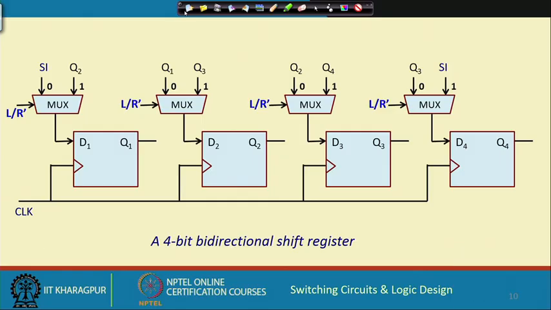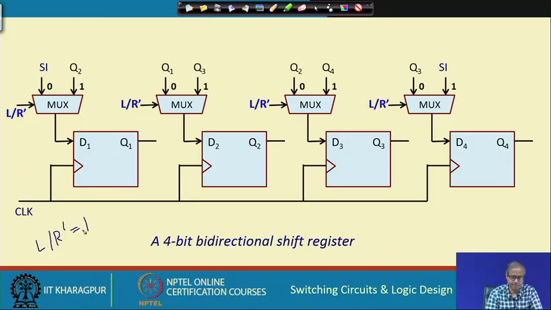But if you want to do left shift, then my LR bar would be 1. Now, if my LR bar is 1, let us see what will happen. Now, it will start from the right side. So, my SI will be coming here, because my data will now be fed to the rightmost. Q4 is coming here, just like I showed.